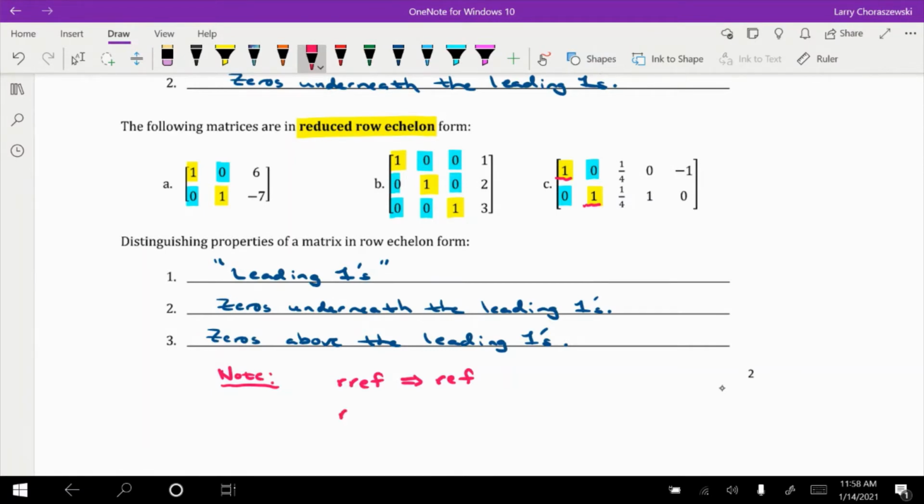However, a matrix that's in row echelon form does not imply that you have a matrix in reduced row echelon form. Because it's possible that there are zeros underneath the leading ones, but there are some non-zero digits above the leading ones. All right, so a matrix that's in RREF is also in REF, but it's not necessarily true that a matrix in REF is in RREF.